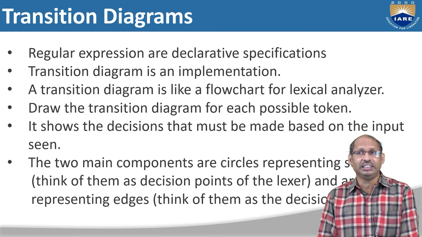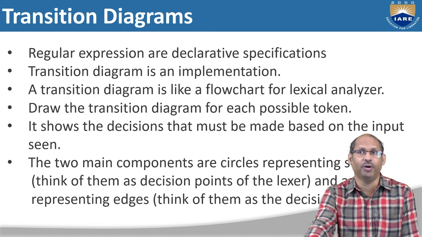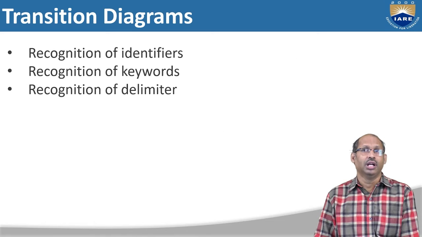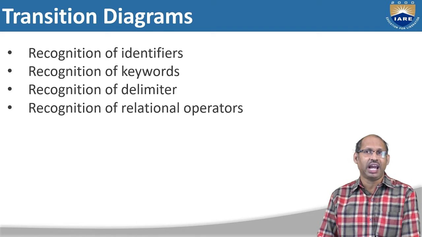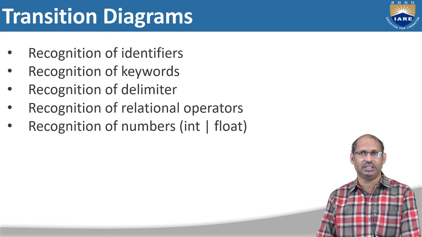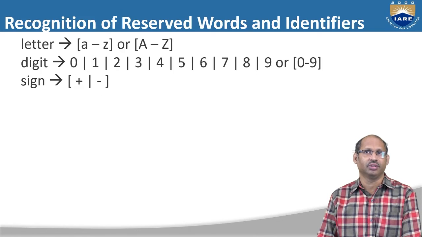So in these transition diagrams, we use mainly states and transitions, which move from one state to another state. Now we'll see the recognition of identifiers, keywords and delimiters, relational operators and numbers. We'll see the transition diagram for all these types of tokens.